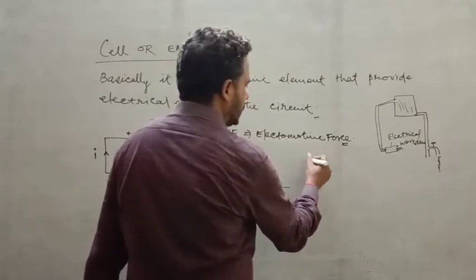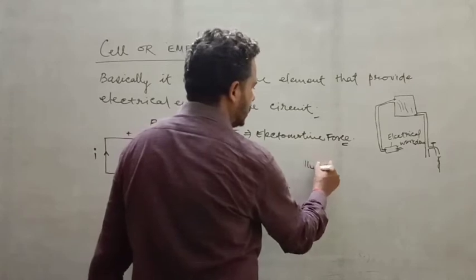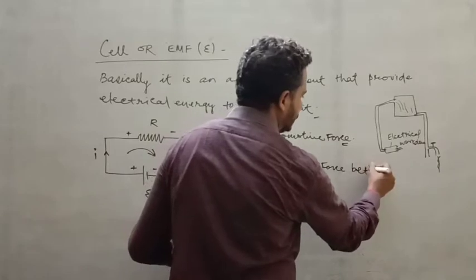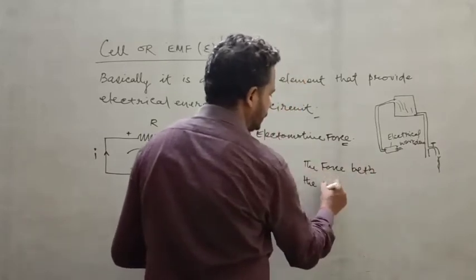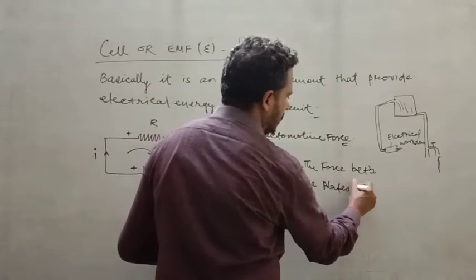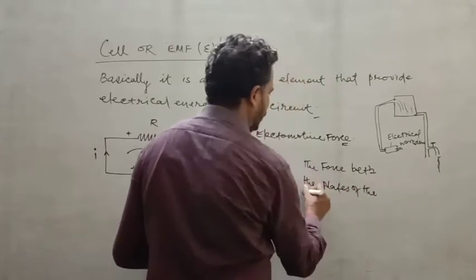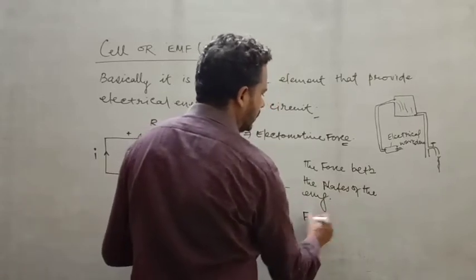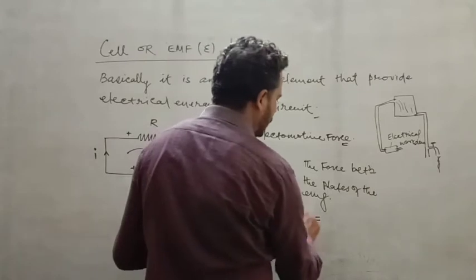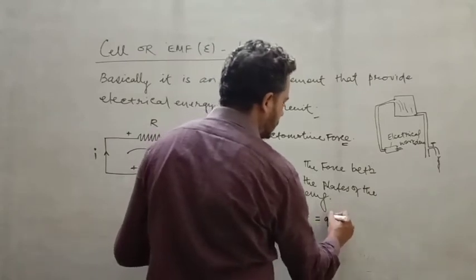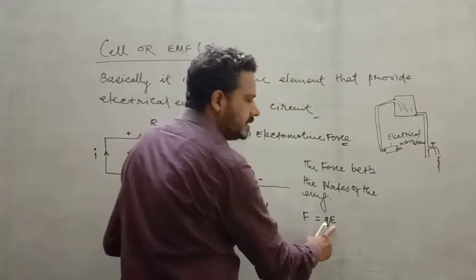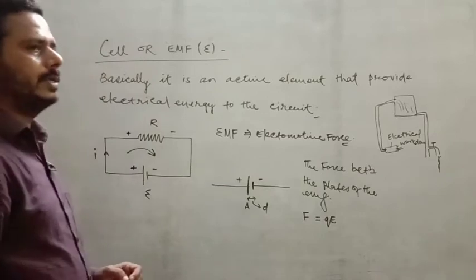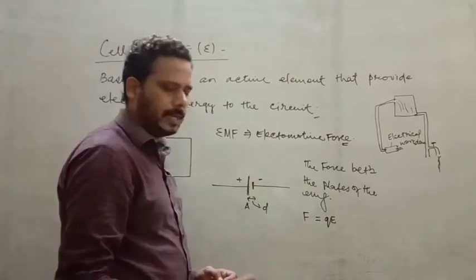So you just draw the force between the plates of the EMF. So how much would this force be? You can simply write it down: it is QE, where E is the electric field and Q is the charge that is transferred from lower potential to higher potential. Okay, all right.